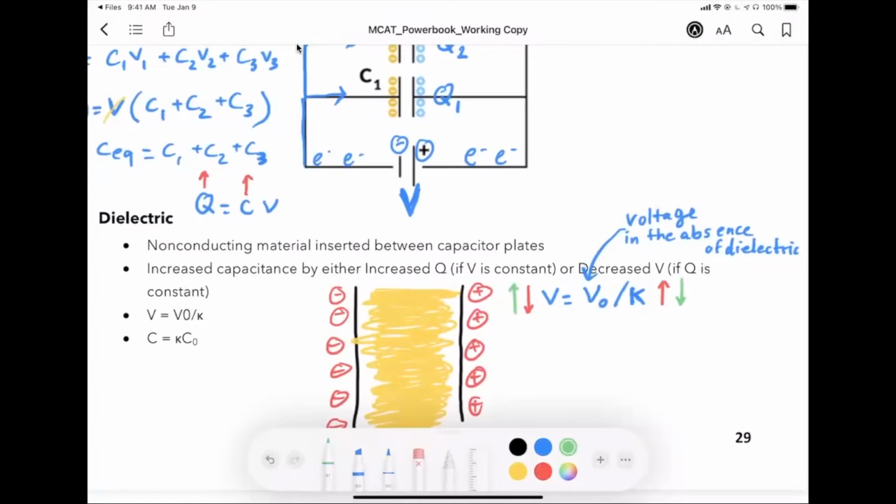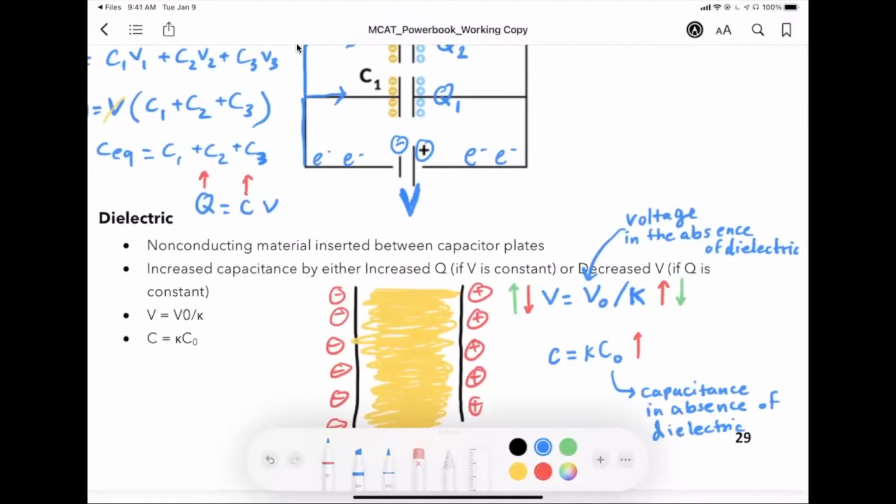And so now we can look at the relationship with the capacitance, right? How is the capacitance impacted by the presence of a dielectric? Well, this is directly proportional, right? C naught here represents the capacitance in the absence of a dielectric.